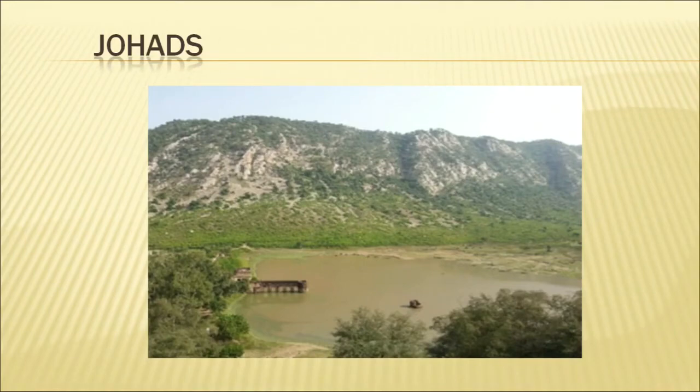Now remember, I was talking about big dams and small dams. Johads are small dams that do no harm to the local biodiversity, the forests and the communities there, yet they create a small reservoir of water that is available throughout the year after a good monsoon.